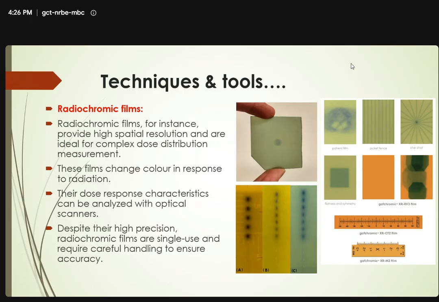We have all seen this type of film in brachytherapy for source position accuracy, also for star pattern and picket fence tests in Linac, and optical field congruence in Linac, and a few times when it permits, we can take the radiochromic film for the measurement of the dosimetry of treatment plans also.